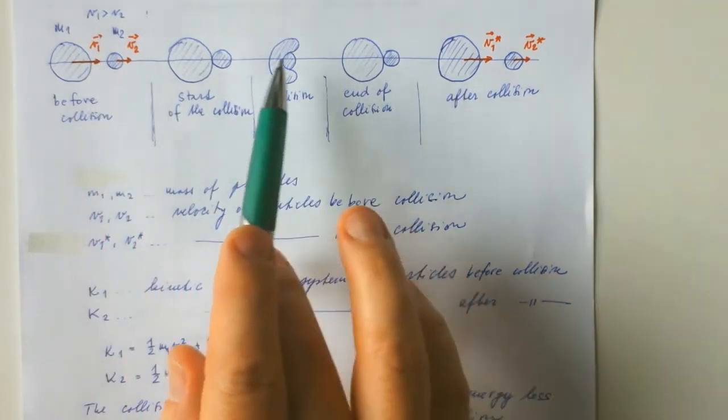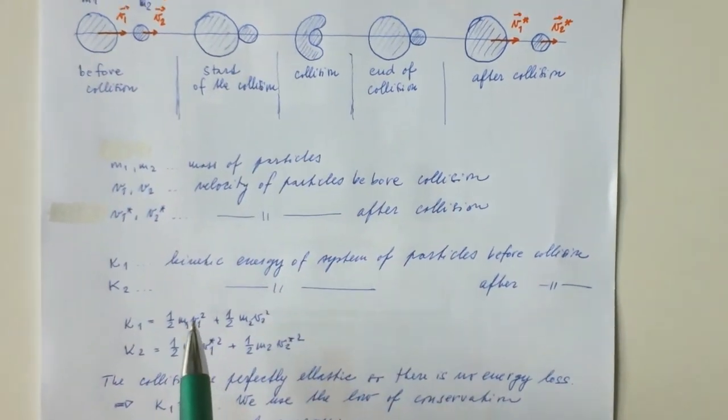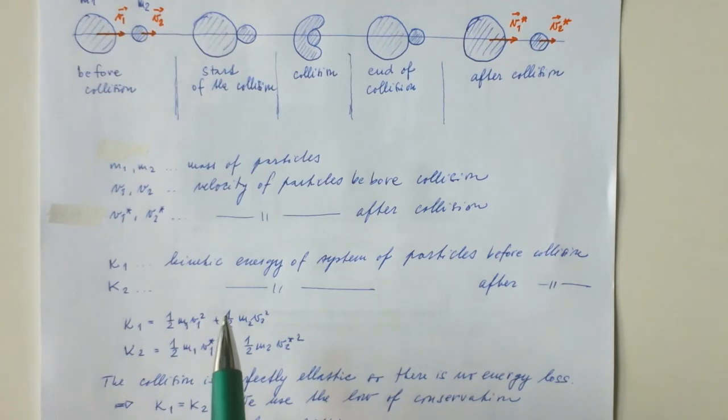Which parameters? Naturally, velocities. Okay. We use some laws of mechanics, and in this case, because it's a perfectly elastic collision and there is no energy dissipation, there is no energy loss, we can use the law of conservation of mechanical energy.